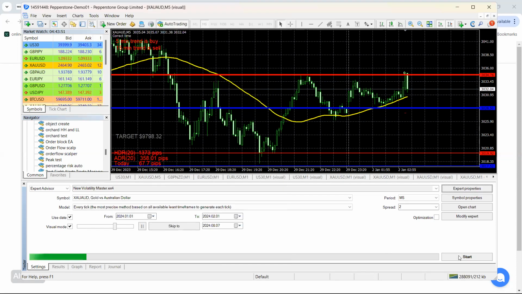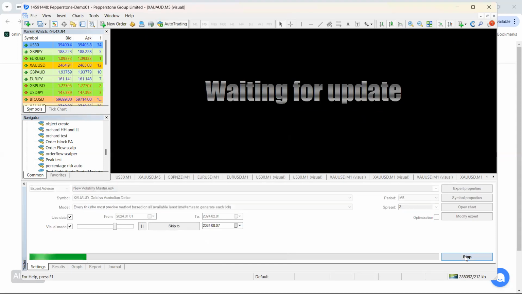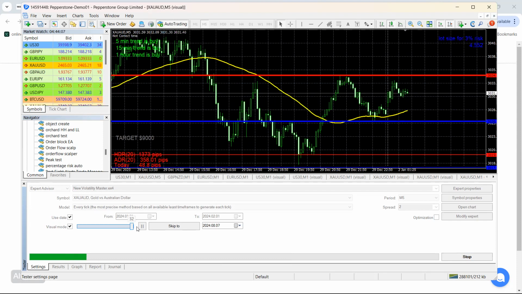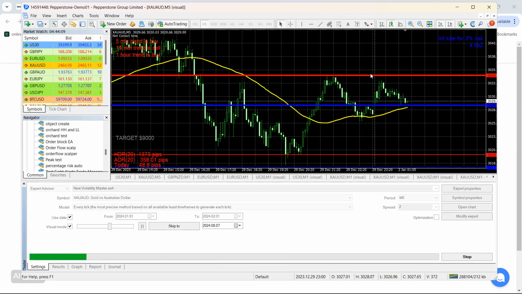And if we just have a look at how it displays that on the chart, we've got a thickish red and blue line where it's calculating the top and bottom of the 5 minute range.